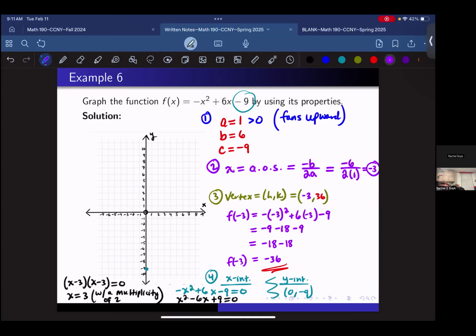In coordinate form, what does that look like? We have 3, 0. And then we're going to go ahead and plot in our axis of symmetry, which is at -3. Let's make this dotted.